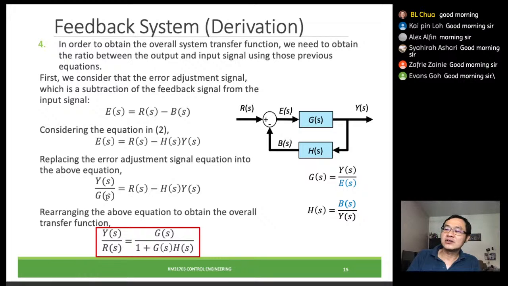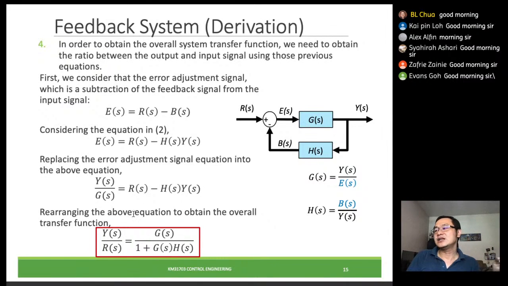If we rearrange, this G is multiplied over there, and then the R we bring out of the equations by also dividing by R. So we would get G divided by 1 plus G multiplied by H. We just rearrange, group the Y together, and so on.